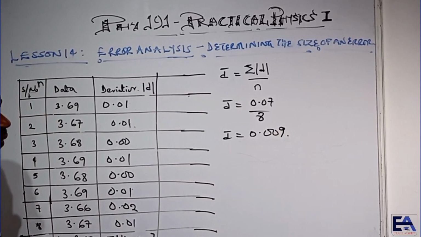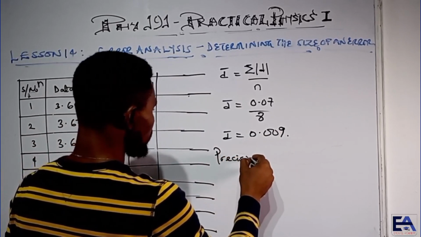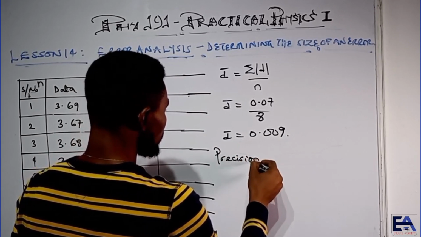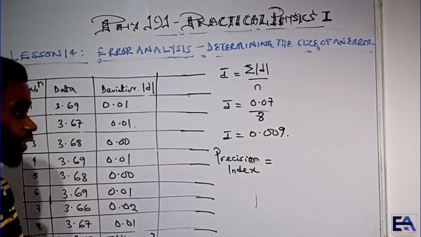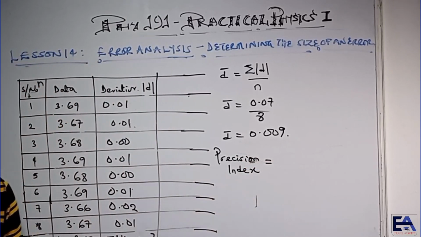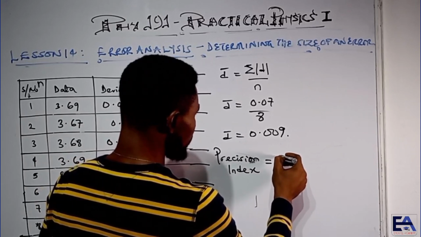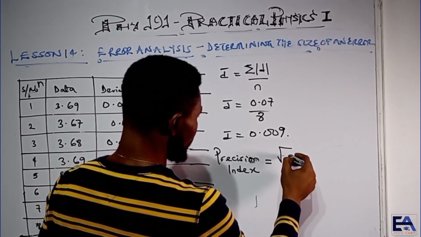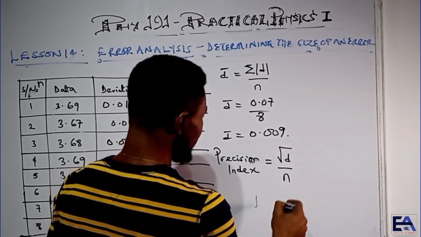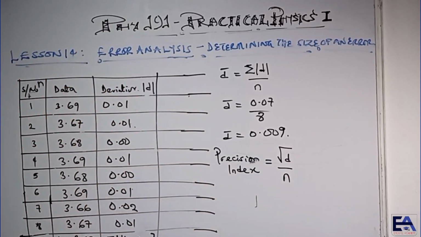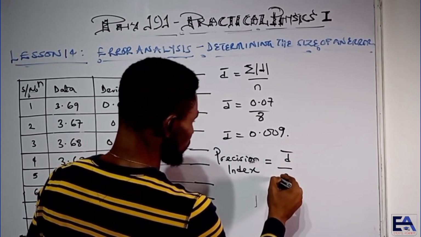Okay, now there is something that we call precision index. The formula for precision index, as given in the material, is equal to bar D, the mean deviation, divided by the square root of n.